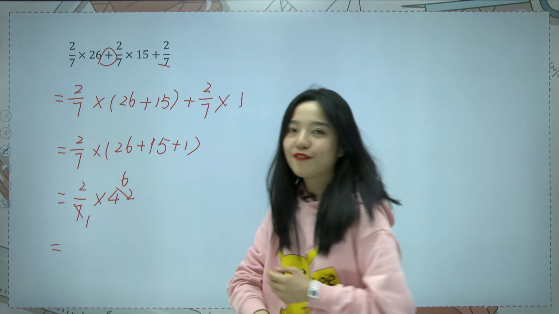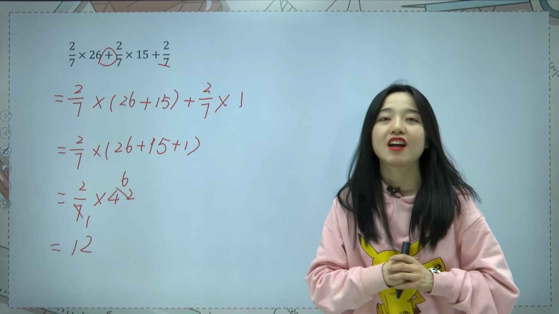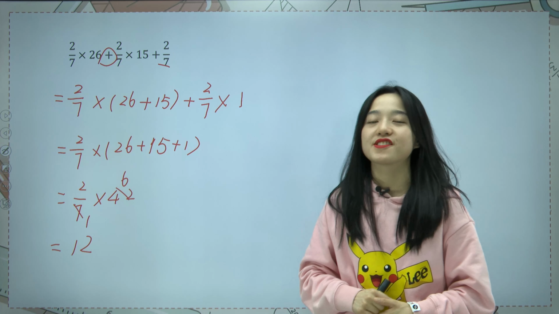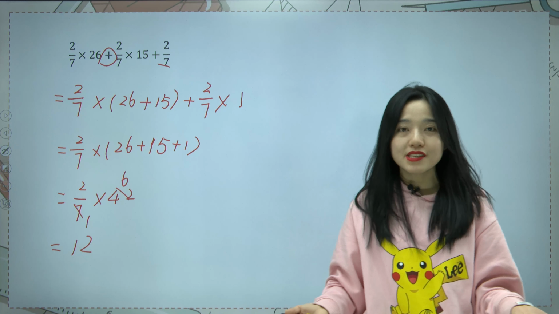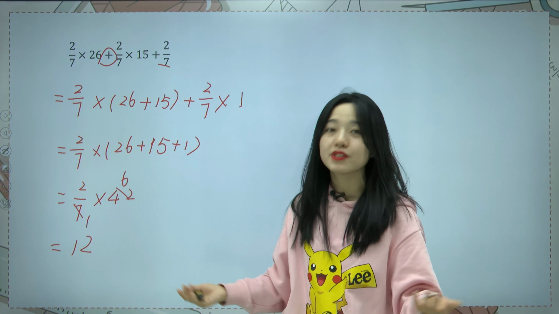In fact, the distributive law of multiplication or extraction of common factors are quite useful, not only for fractions, but also you can use it to solve the calculation of decimals or percentages or even integers. So try to master it well and use it well.